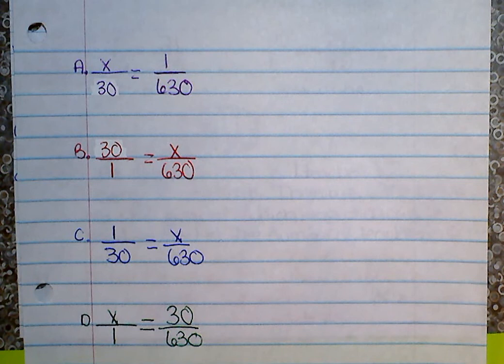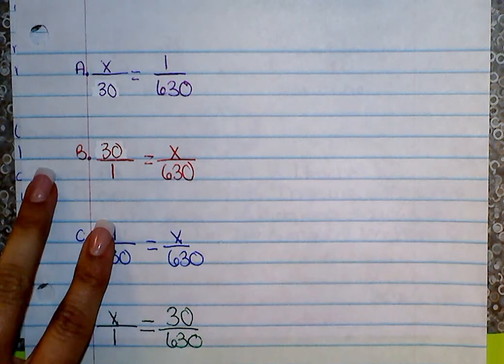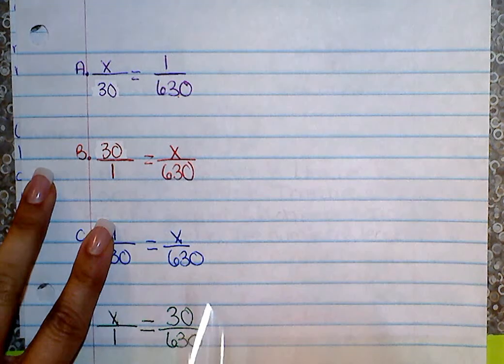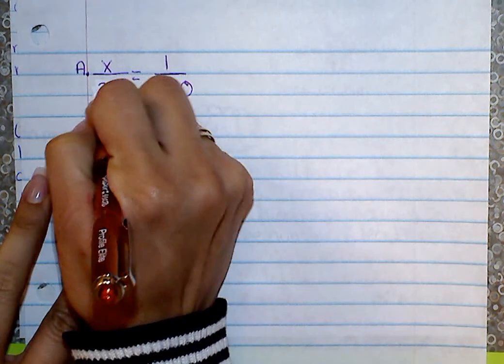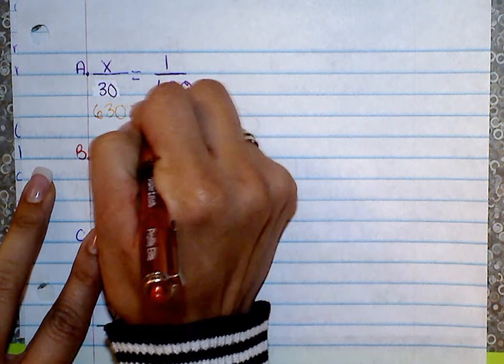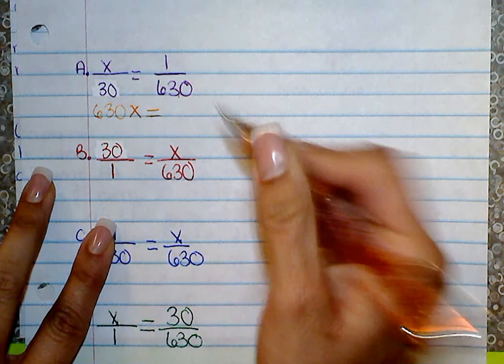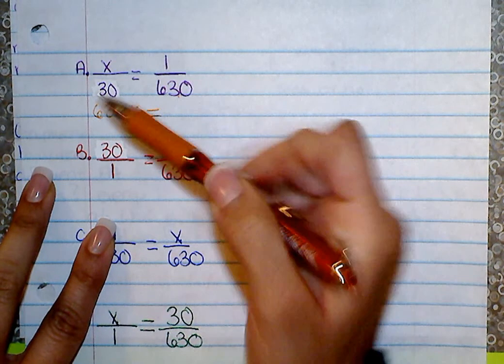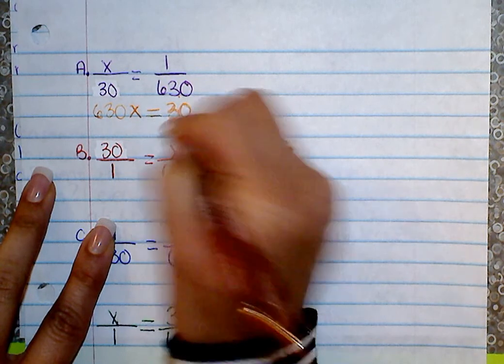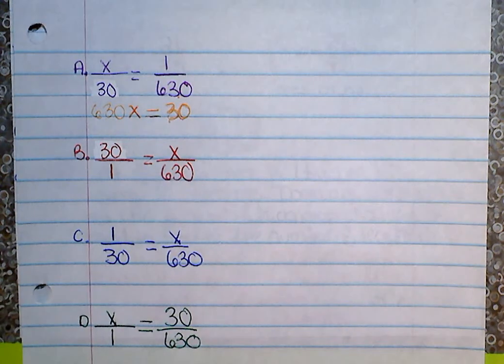So let's do A together. We do our cross product: x times 630 is 630x equals 30. So you would look at our equation that we made and see if that matches.